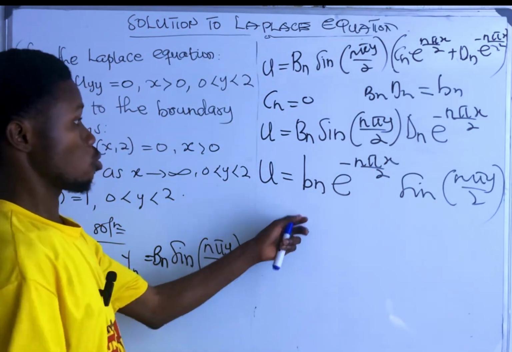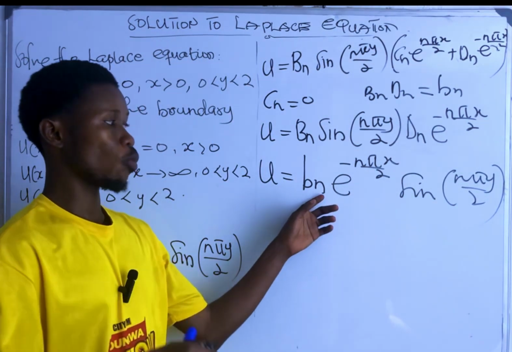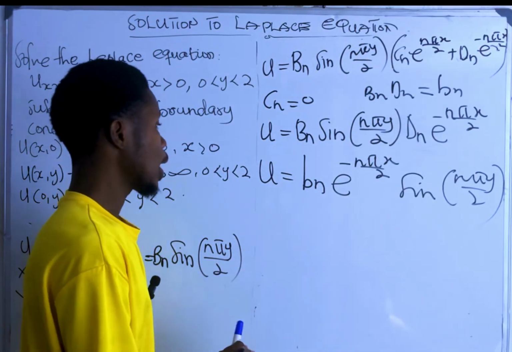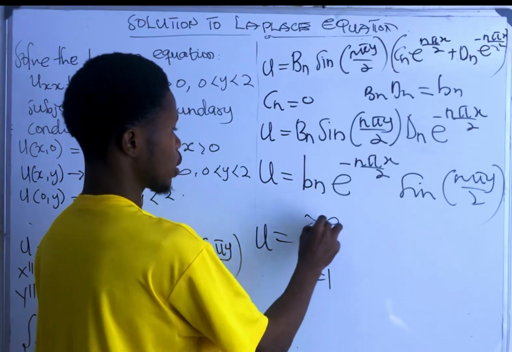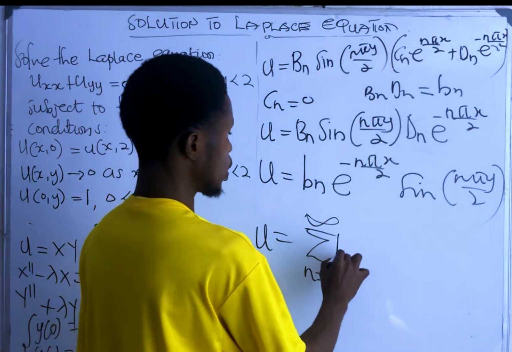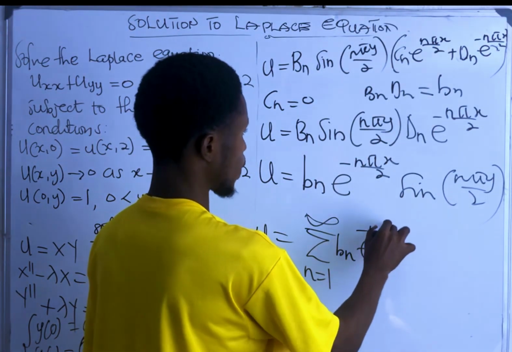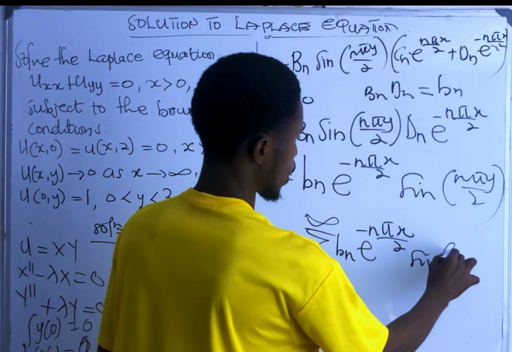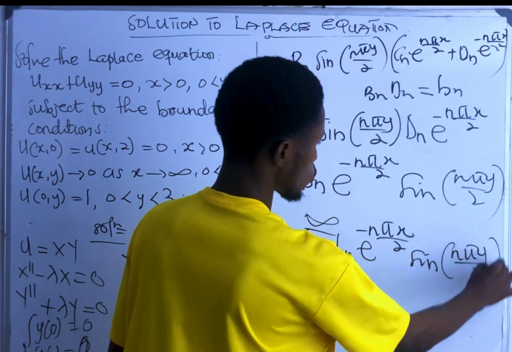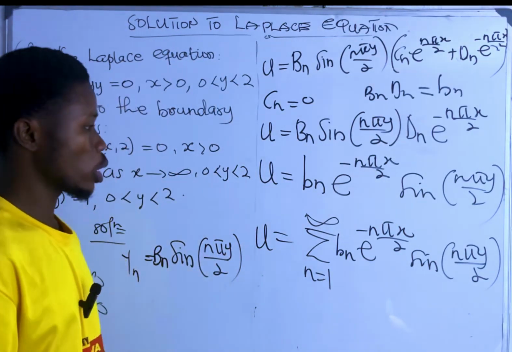And you know what you are going to do? Because this n is from 1 to infinity, you can write this as a summation, n starting from 1 to infinity, bn e to the power negative n pi x all divided by 2, sine n pi y over 2. So this is what we have.